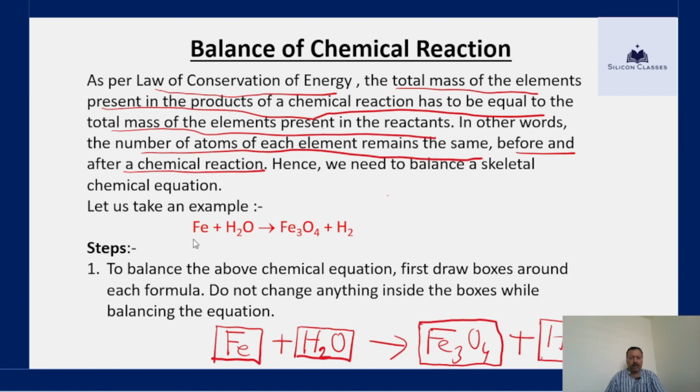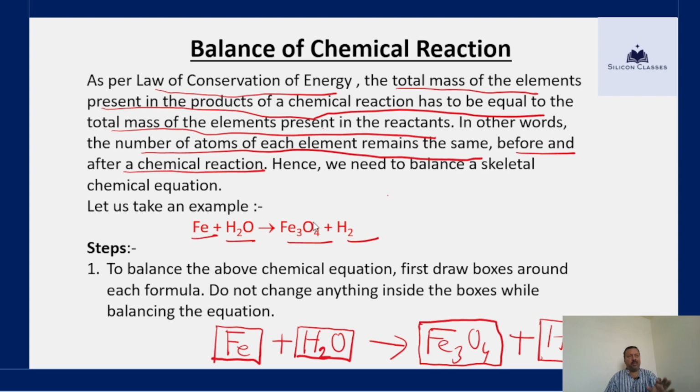Suppose here we take an example. Here iron, Fe, reacts with water to form Fe3O4, ferrous oxide, and hydrogen. Here we see that on the reactant side there is one iron atom, but on the product side there are 3 iron atoms. So it is not following the law of conservation of mass; the number of atoms of iron is different in reactant and product. So this should not happen.